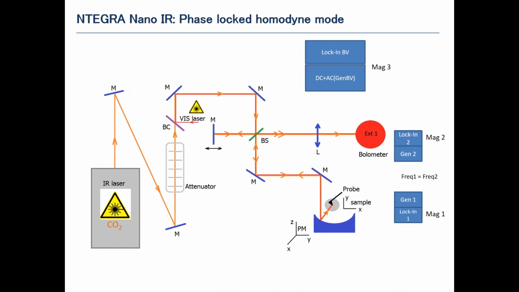But at the same time, on the doubled frequency of the cantilever oscillation, we have the output signal of the bolometer that is then locked in with a third lock-in amplifier, and this is used as a feedback signal to keep the optical phase of backscattered light constant.